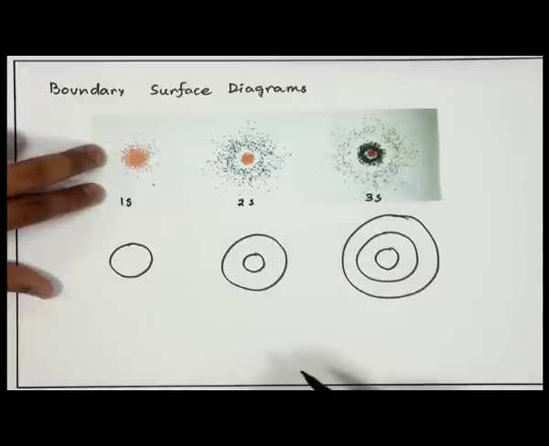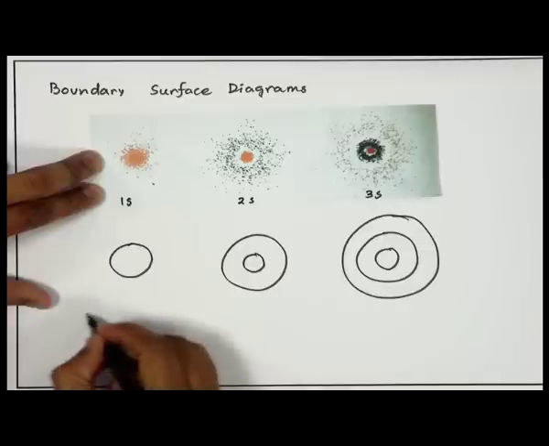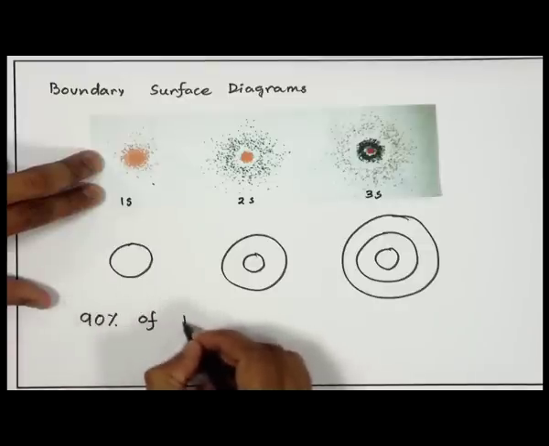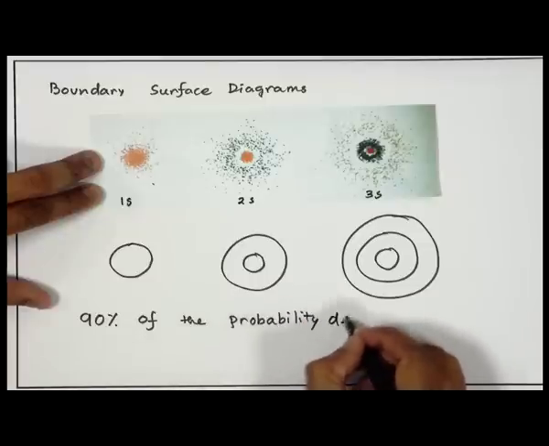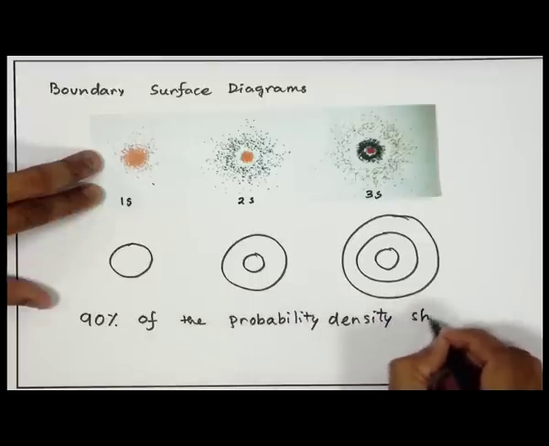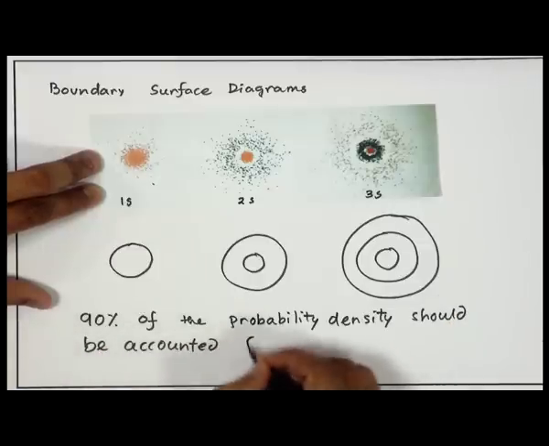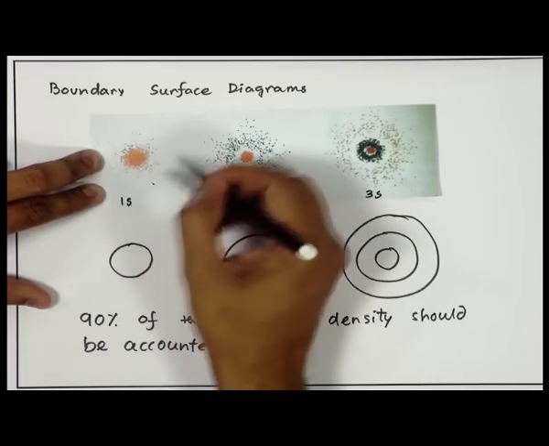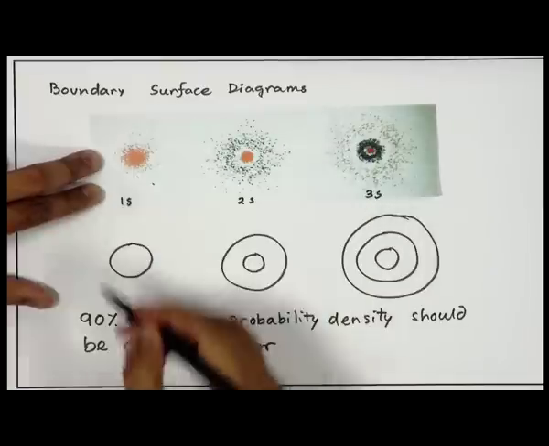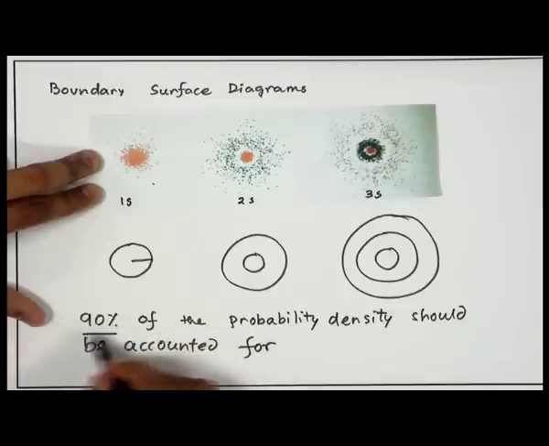The answer to that is that we try to make sure that at least 90% of the probability density should be accounted for. So, it says that the radius of this 1s orbital can be up to that point, up to which the region accounts for about 90% of the probability density.